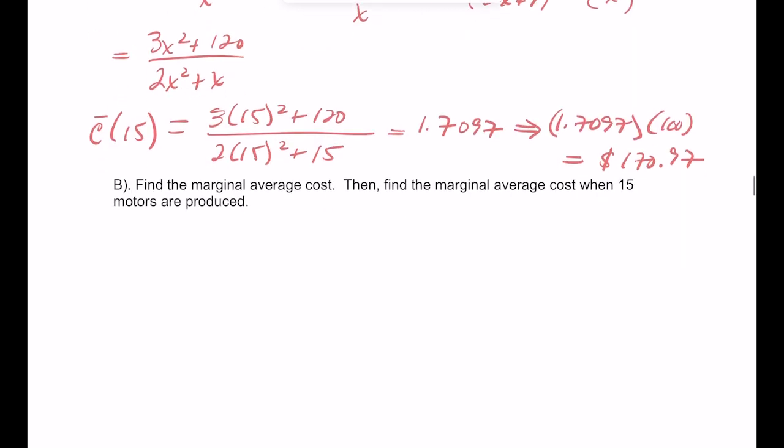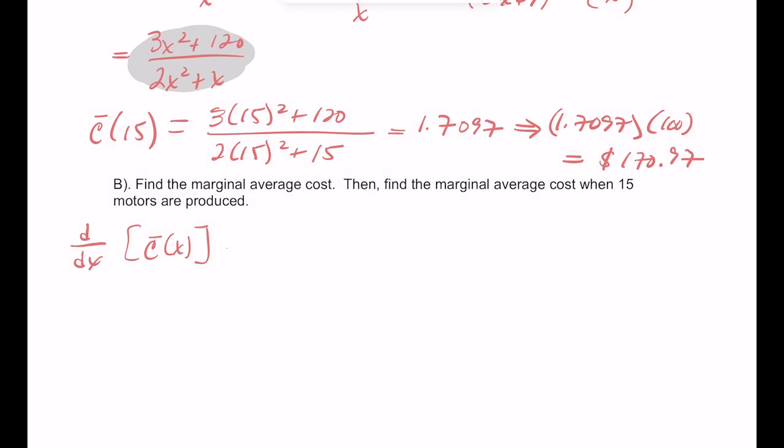Okay, now, if I want to find the marginal average cost, that means I'm dealing with the derivative. So I have to find the derivative of C bar of x, which is your average cost function. So we know that C bar of x is this function here.